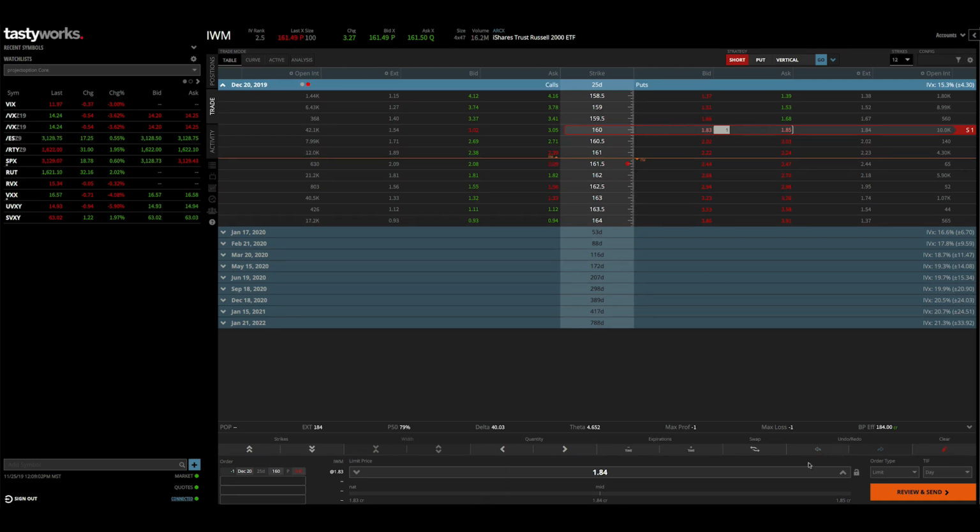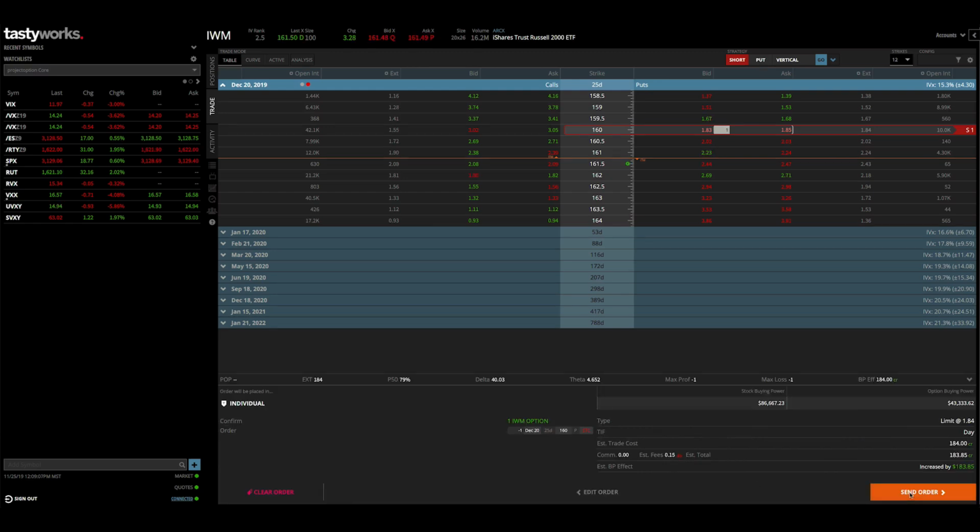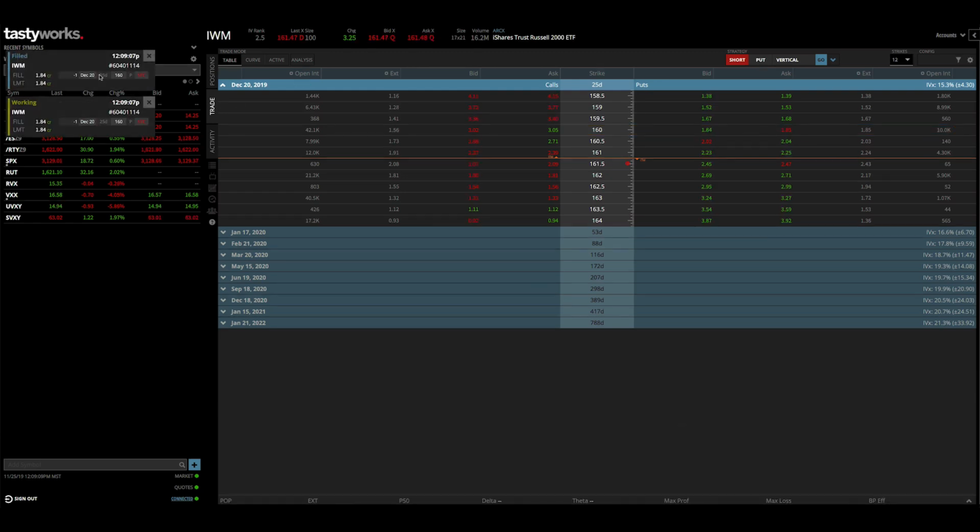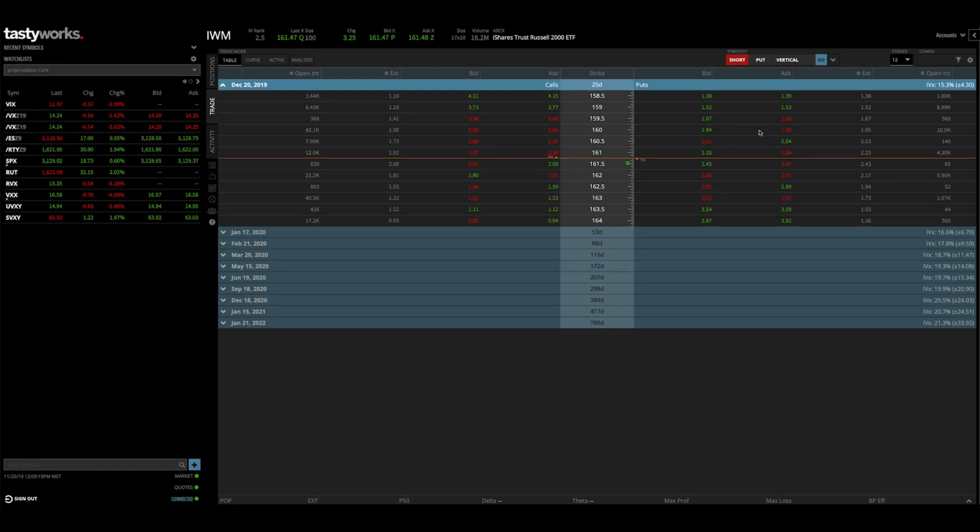So I'm going to try to sell this for $1.84, and if I do that and click send order, I just got filled for $1.84, which means I lost $1 on this trade. I bought the option for $185 and I sold it for $184, therefore taking a $1 loss on that transaction.